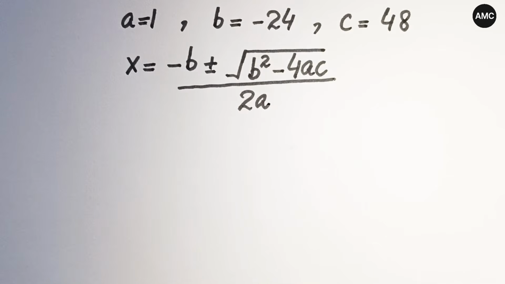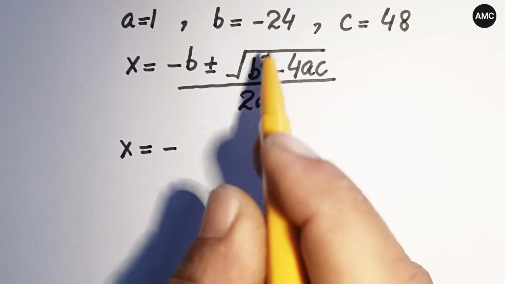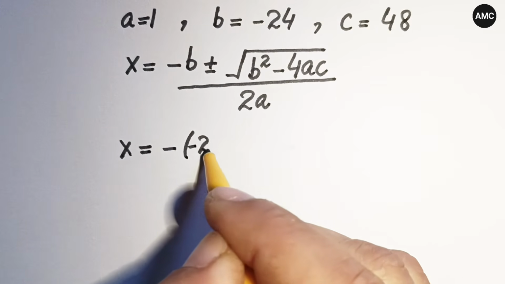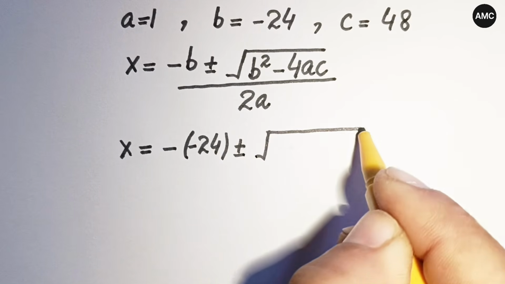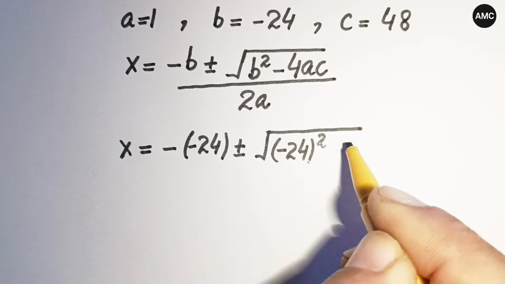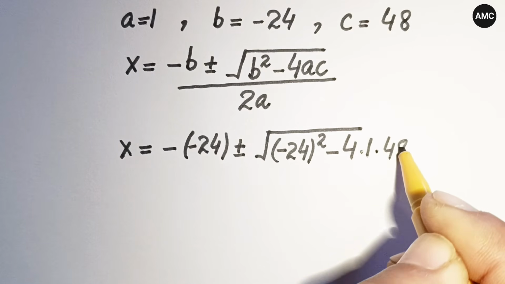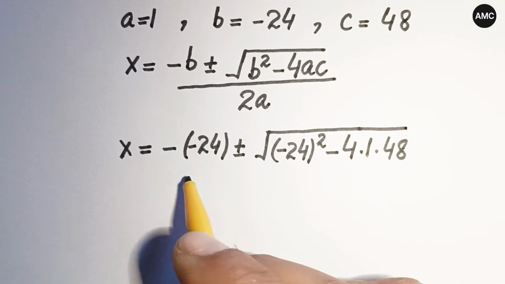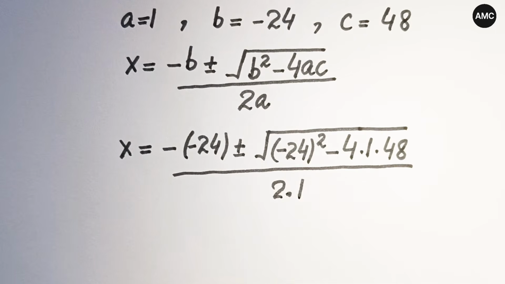Putting the values of a, b and c, x is equal to minus the value of b, which is minus 24, plus or minus the square root of b squared, which is minus 24 whole squared, minus 4 times a, which is 1, times c, which is 48, all over 2 times a, which is 1.